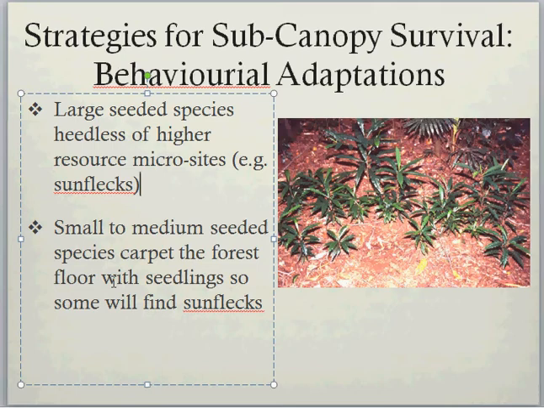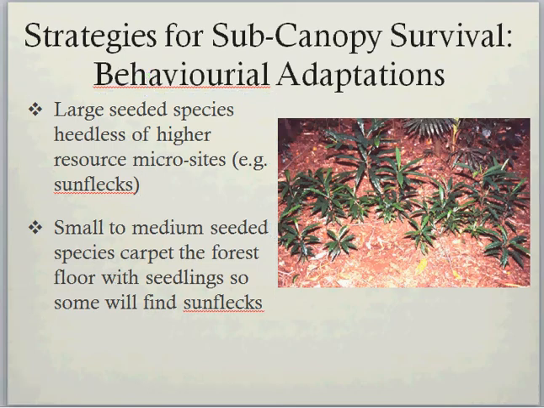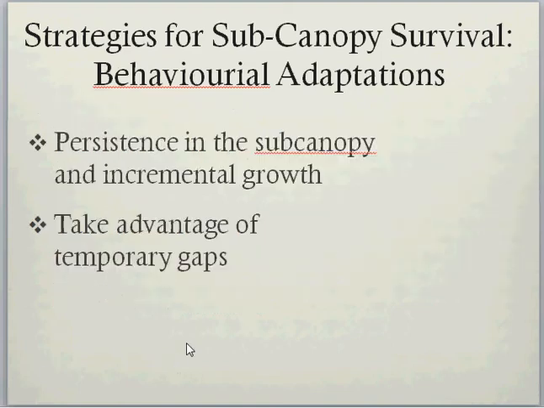So these plants in the sub-canopy will grow very slowly. They will be able to harvest the light. They'll never be too far above the carbon compensation point, so the amount of biomass which they can accumulate will tend to be very slow.